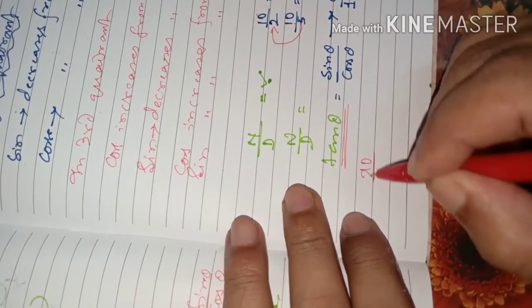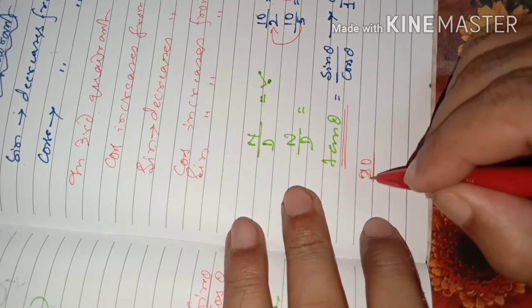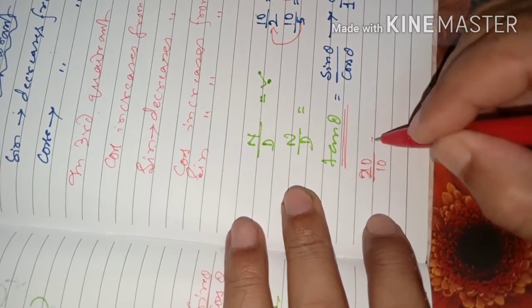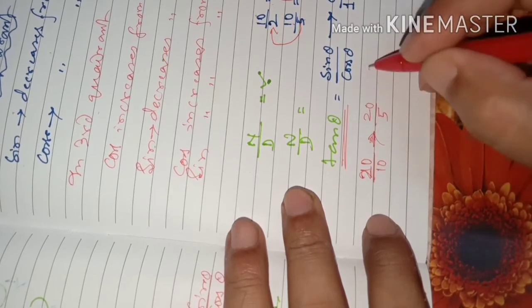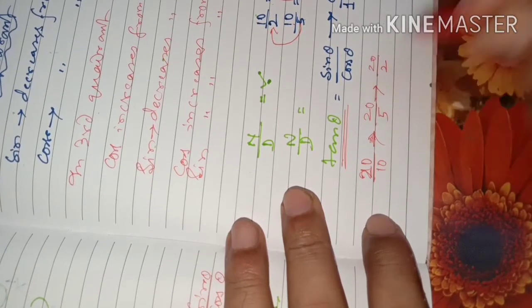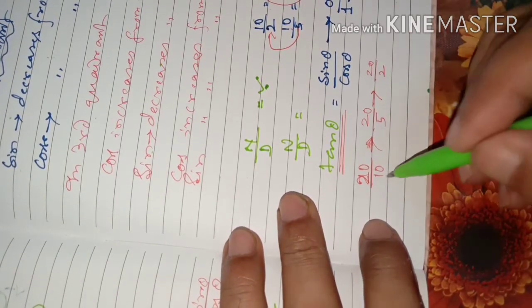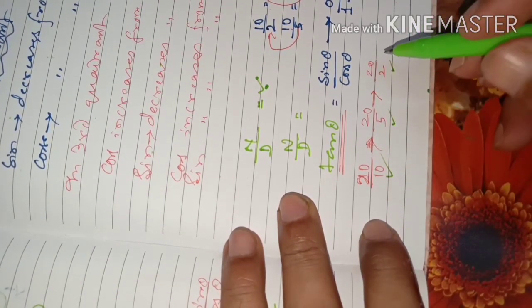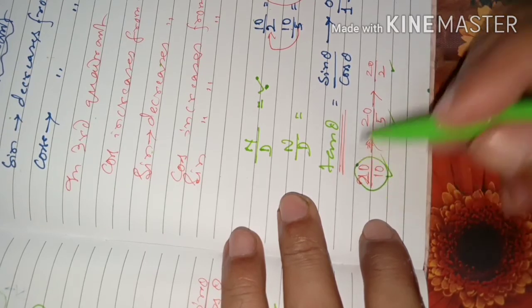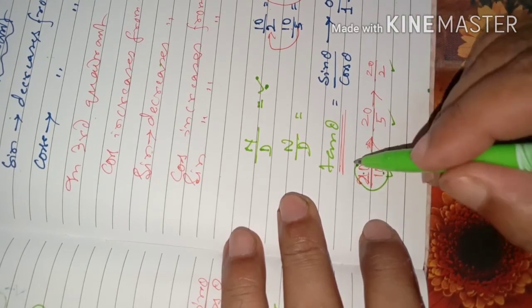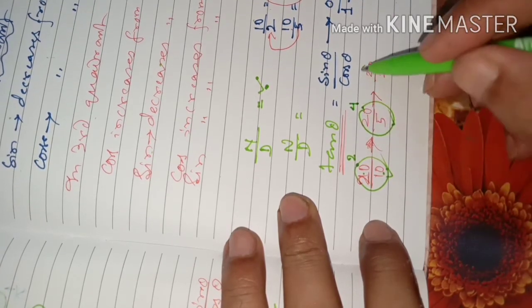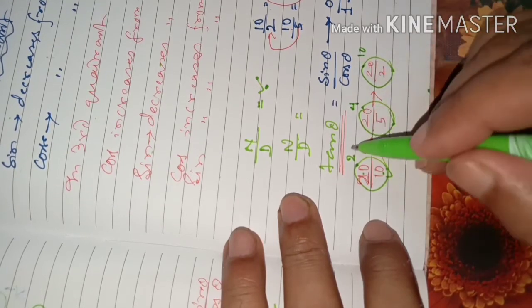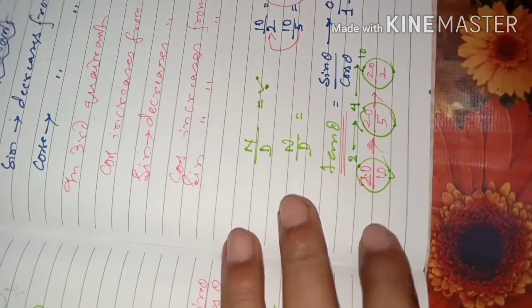Just think 20 by 10, 20 by 5, 20 by 2. As you are reducing the denominator, 10, 5, 2, the whole result is increasing. 20 by 10 is 2. 20 by 5 is 4. 20 by 2 is 10. Do you notice the increase in the result?